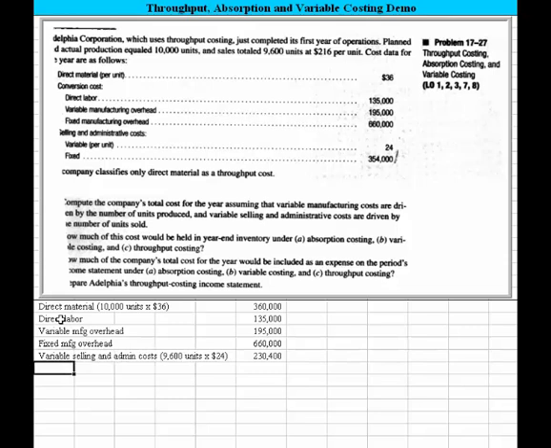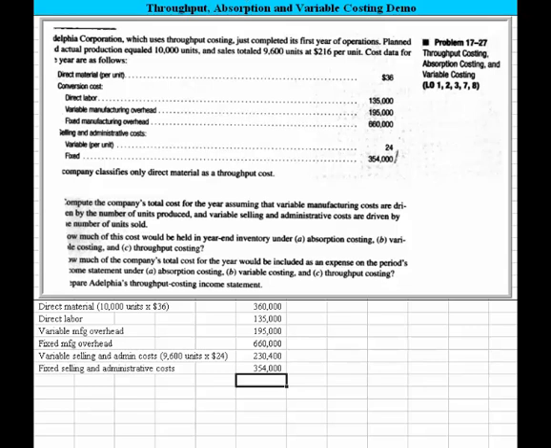The last item we need to consider is fixed selling and administrative costs. And that's what? 354,000, right? Yep, type it right.